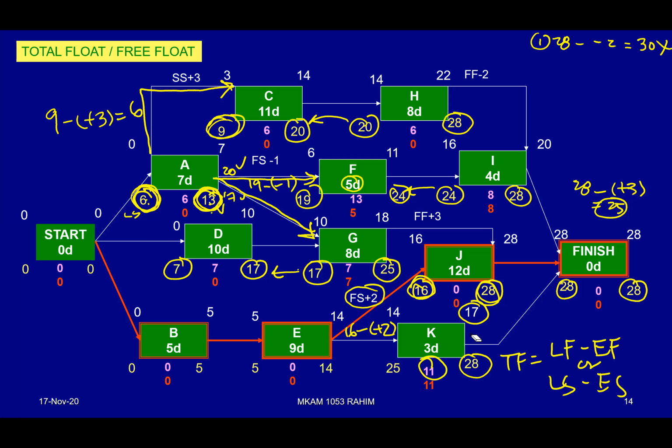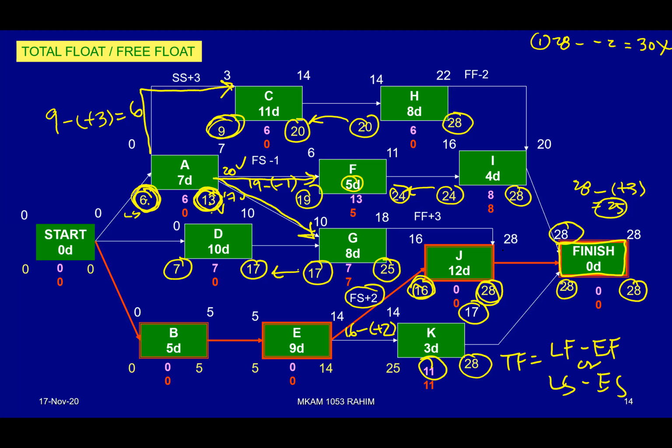Remember, for the free float for K, you must make a comparison. What is the successor of K? The successor of K is basically here, this finish activity. When does the finish activity start? 28 days. When does K finish? On 17 days.